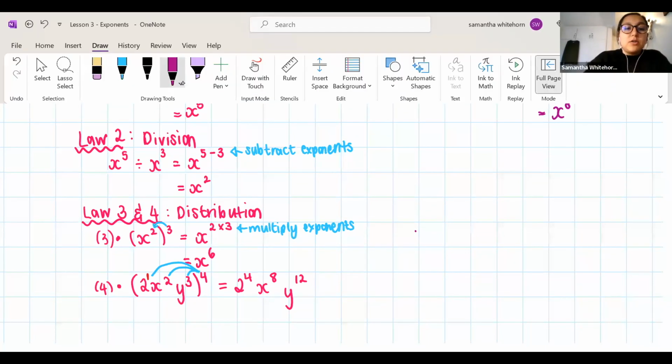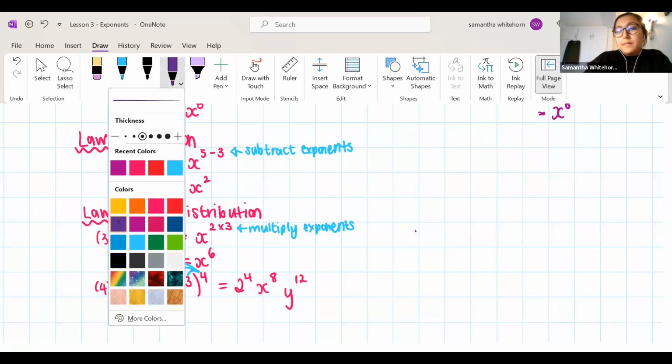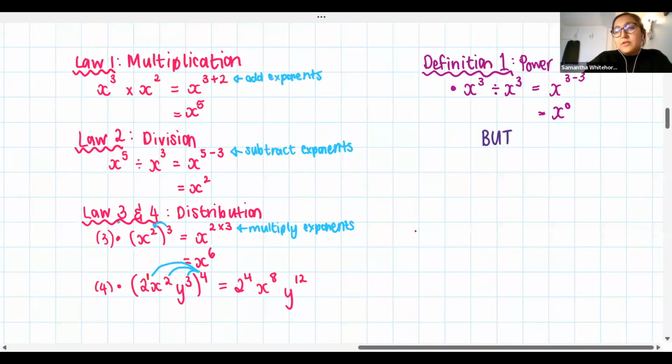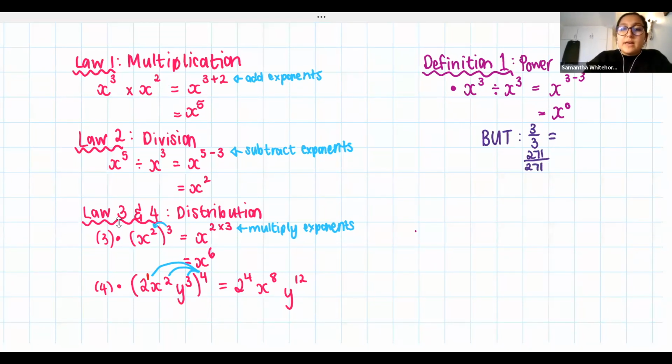But what we need to remember, and we do know this, is that any time we divide anything by itself, so if we had 3 divided by 3, or 271 divided by 271, or negative 23 divided by negative 23, or x cubed divided by x cubed.